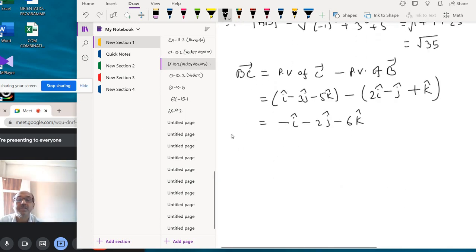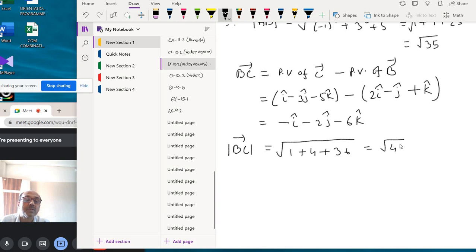Now magnitude of this vector BC equal to under root minus 1 square, that is 1, plus minus 2 square 4, plus minus 6 square 36, equal to 40 plus 1, 41. Root 41. Okay, this is BC.